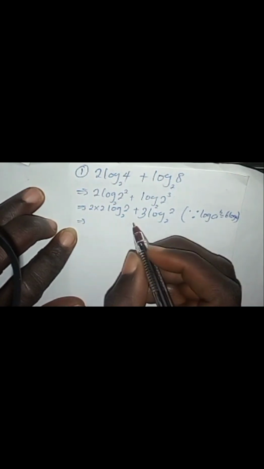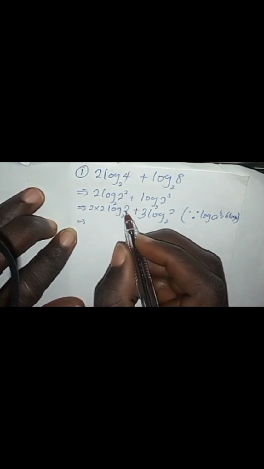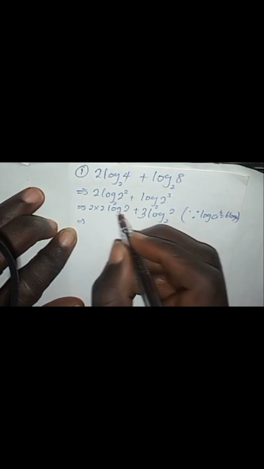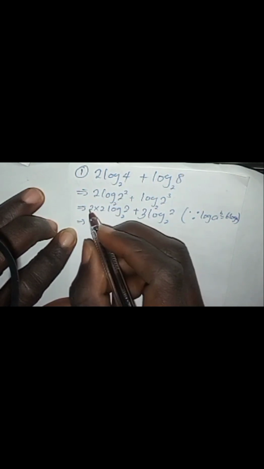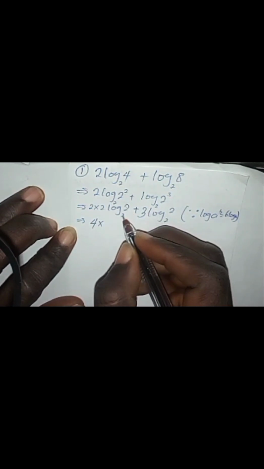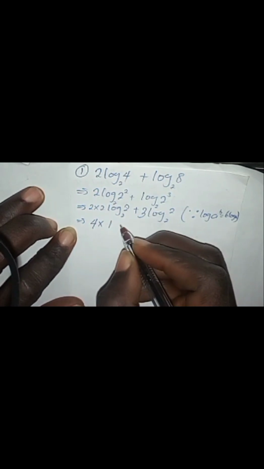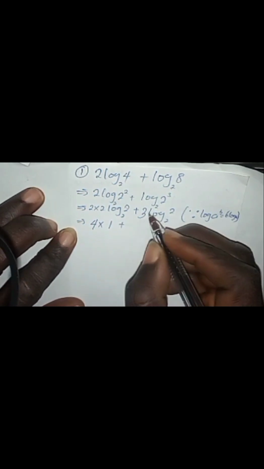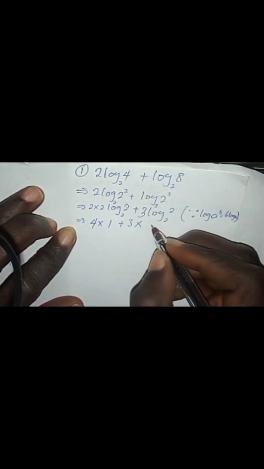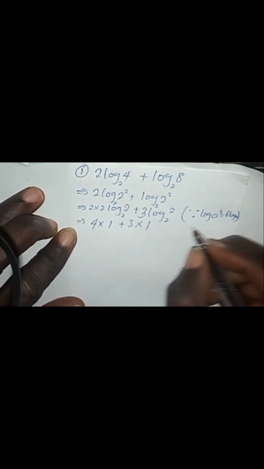Now from here, we know log 2 base 2: when the number and the base are the same, it is going to be 1. Therefore here we have 2 times 2, which is 4, times log of 2 base 2, which is 1, therefore times 1. Then we also have 3 times log of 2 base 2, which is 1.